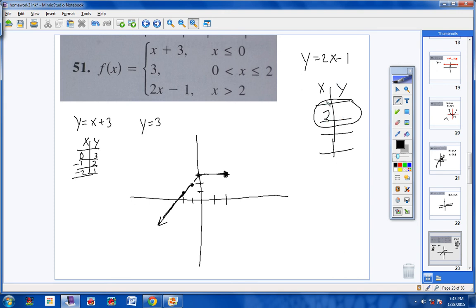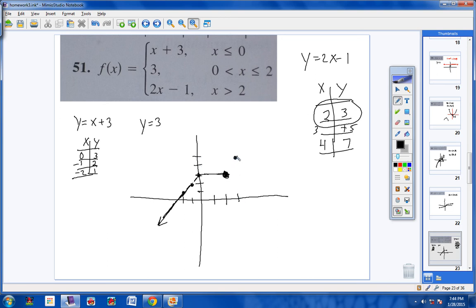But I'm still going to put 2 in, and then greater than 2, so we'll put 3 and 4 in. Put a 2 in, you get out a 3. Put a 3 in, you get out a 5. Put a 4 in, you get out a 7. Yes, 8 minus 1 is 7. So the first point is 2, 3, which is right here, so it's already colored in for us. The next point is 3, 5.